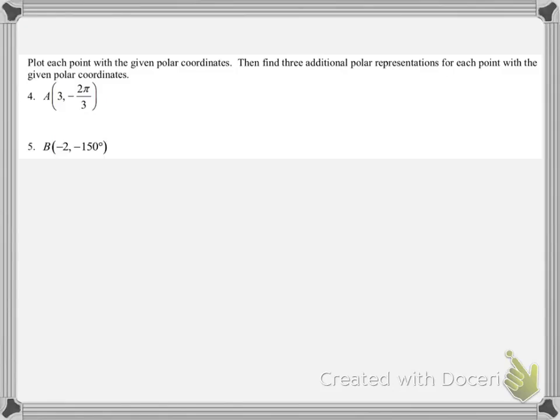All right, so this next one says to plot each point with the given polar coordinates, then find 3 additional polar representations for each point. If we just take a look at this first problem, the rotation is negative, so we're going to be rotating clockwise. 2 pi over 3 means we're going to rotate this direction to about right here.